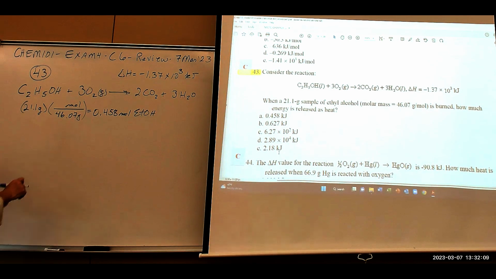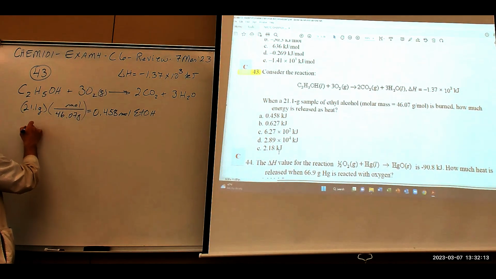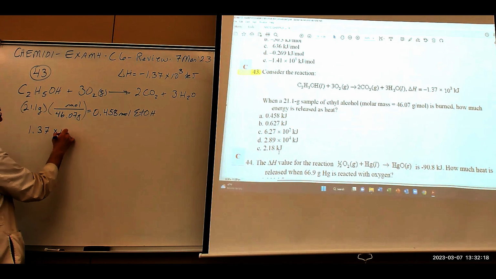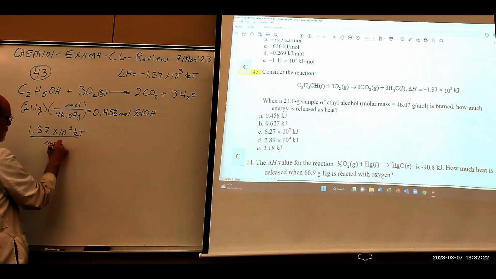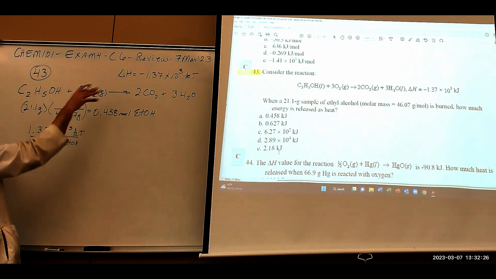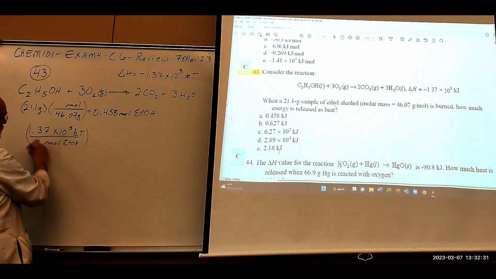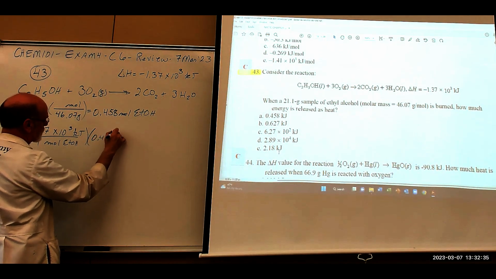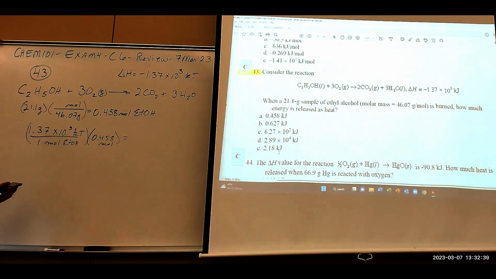So how much heat is released? Well, if we can put that in terms of 1 mole of ethanol, that's negative 1.37 times 10 to the third kilojoules per mole of ethanol. Right? Because that's for the whole reaction, but there's only 1 mole here, so we can say that. Then all we have to do is multiply this times 0.458. That should give us the amount of heat in kilojoules.